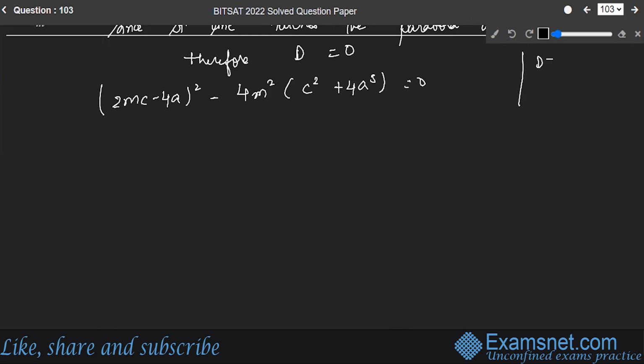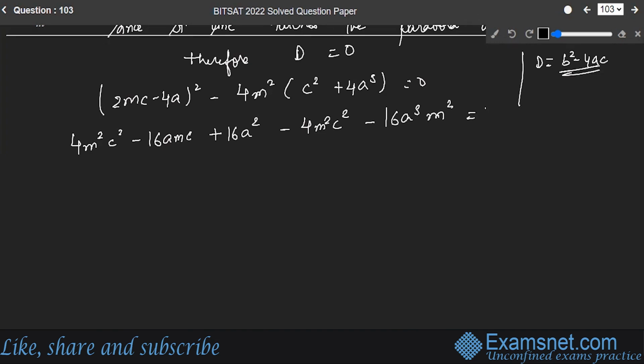Hope you remember discriminant is b square minus 4ac according to the general form of the equation. So solving this will give you 4m square c square minus 16amc plus 16a square minus 4m square c square minus 16a cube m square is equal to 0, or you have minus mc plus a minus a square m square is equal to 0, or you have mc is equal to a minus a square m square.